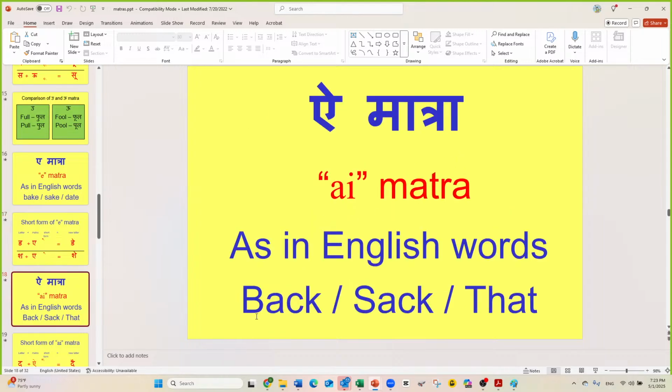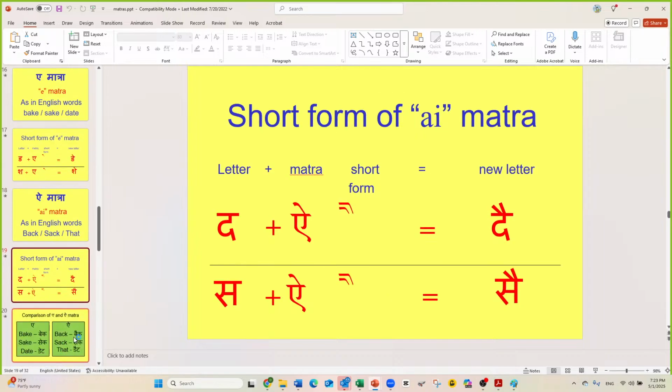Now look at these English words. A, back. The sound you are hearing is A. A, sat. A, that. Got it? So if we were to compare now, how do you write A and A matra? The A plus A, now you get two matras.